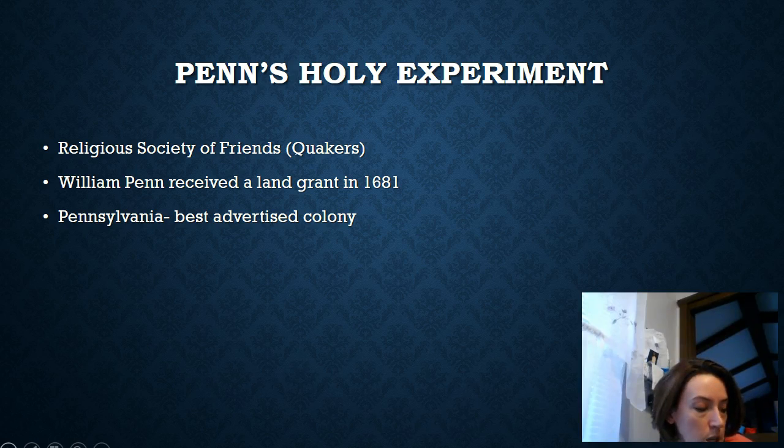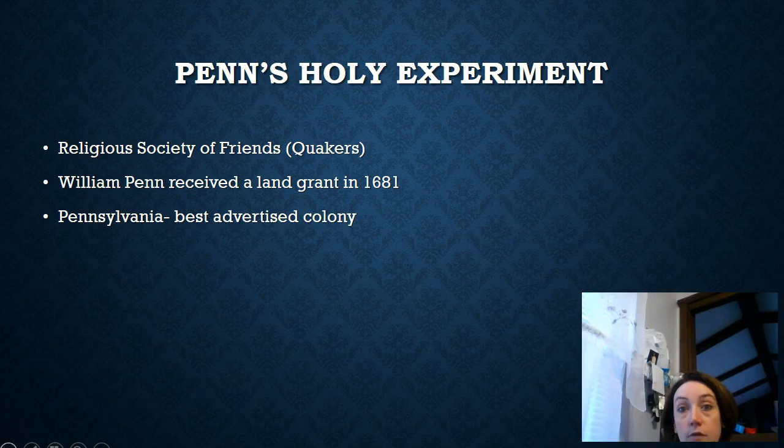There's no clergy, no sacraments; you could just find salvation or this relationship with God personally. Women could participate much more than they could in other religions, and it's not very well received, as you can imagine. William Penn is actually arrested several times for his beliefs, but he does try to create Pennsylvania as a haven for the Quakers.